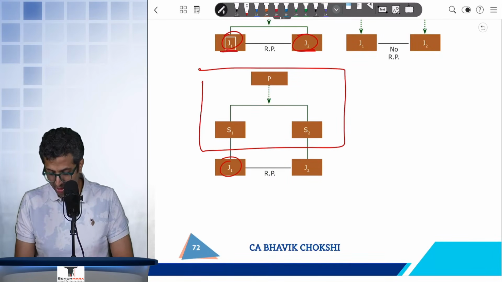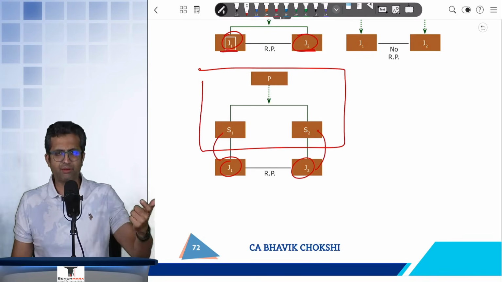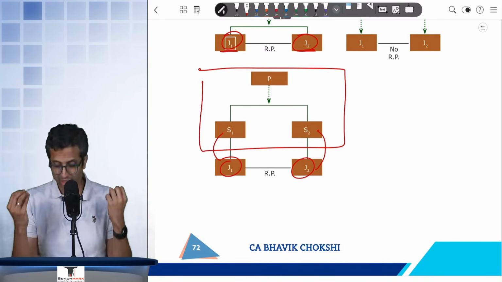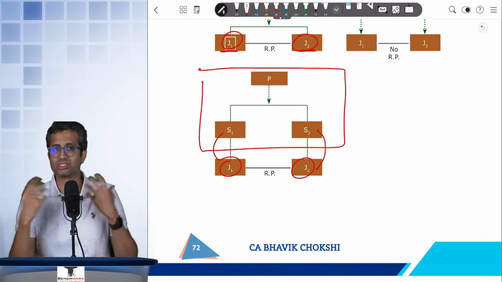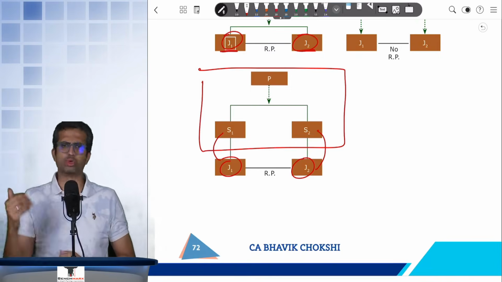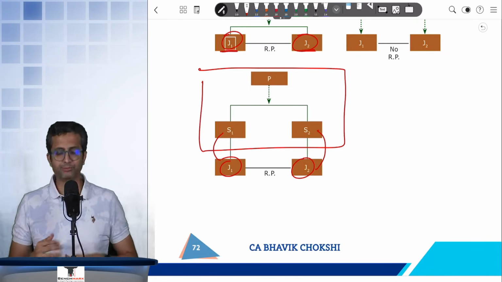J1 over here is a joint venture of S1. J2 technically is a joint venture of S2. So they are not joint ventures of the same third party. However, S1 and S2 are part of the same group. And hence we can say J1 and J2 are related because they are joint ventures of the same third group. That is the interpretation we take, though the Institute has not given you enough sums or clarifications for this aspect.